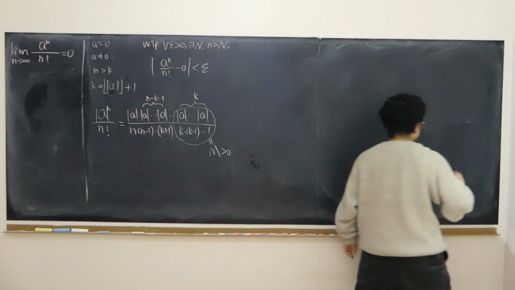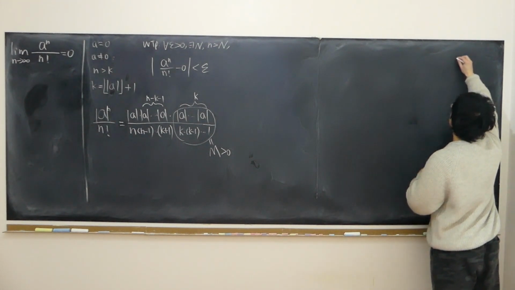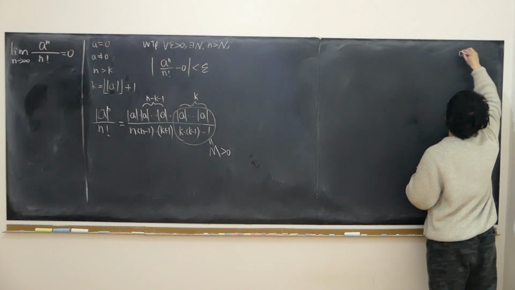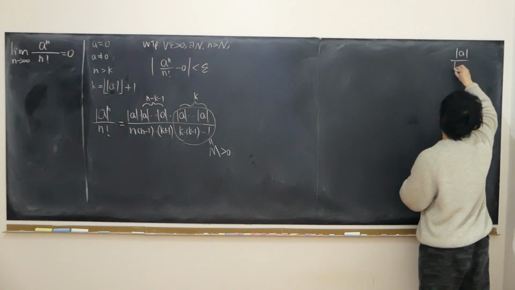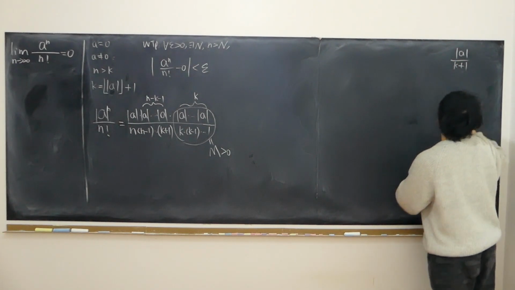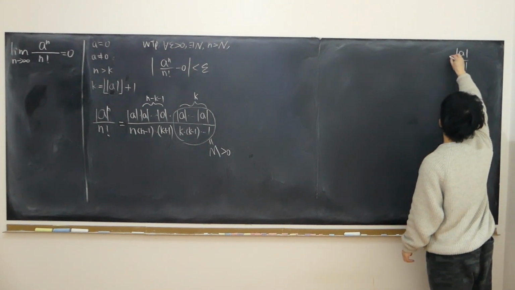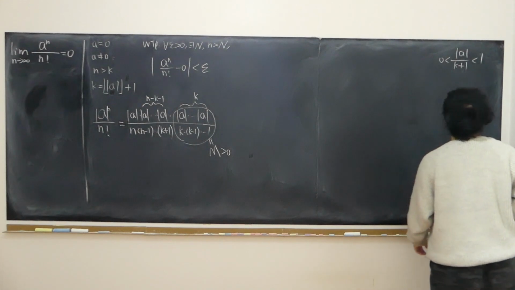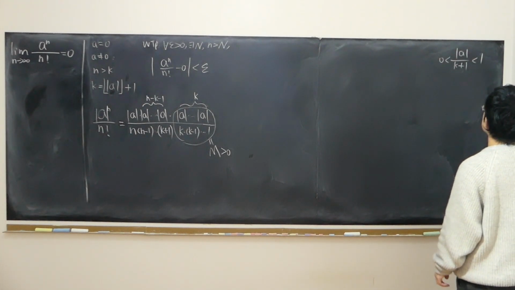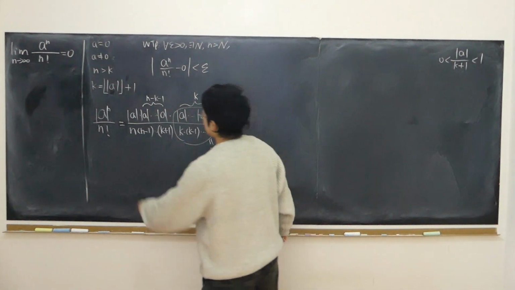Now, when I look at the absolute value of a over k plus 1, remember, both the top and bottom are larger than 0. Then I claim it is less than 1. The reason is because k is large enough.